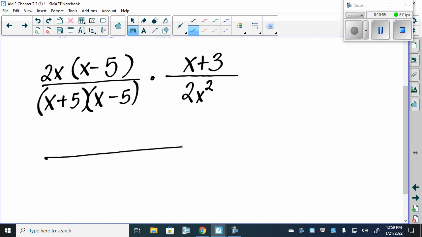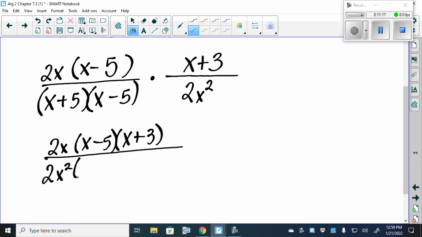So that would be all of the different parts factored. Now we just need to multiply them together. So the numerator, we can put the 2x out front, times x minus 5 times x plus 3. In the denominator, we're going to have 2x squared times x plus 5 times x minus 5.